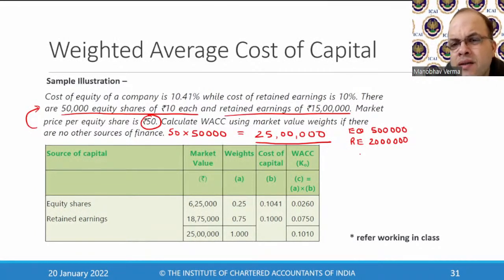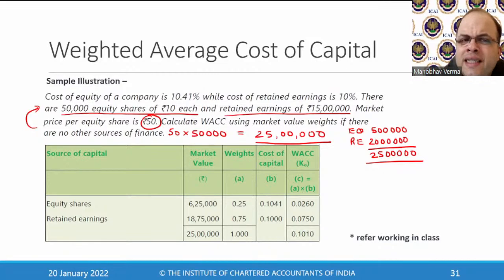So that means total of 25 is anyways coming out to be, coincidentally, so my ratio becomes 1:4.